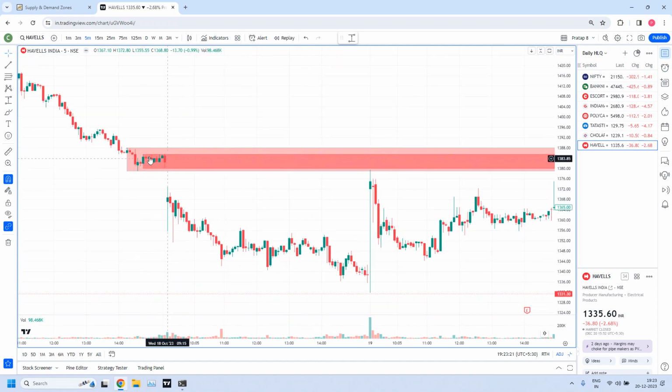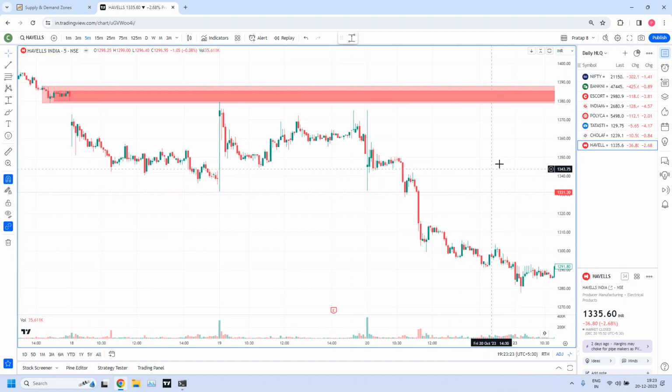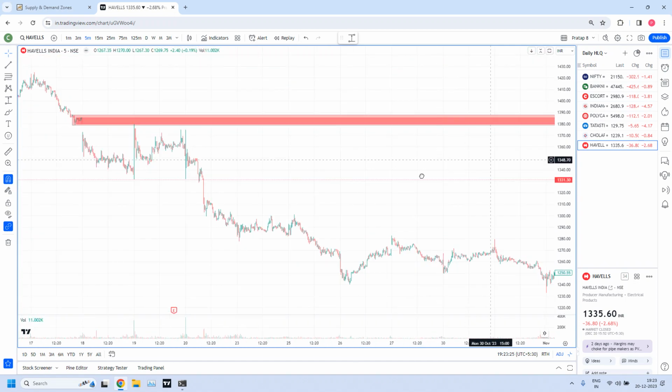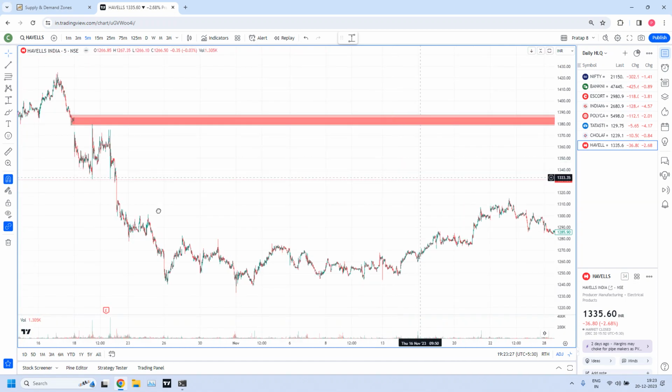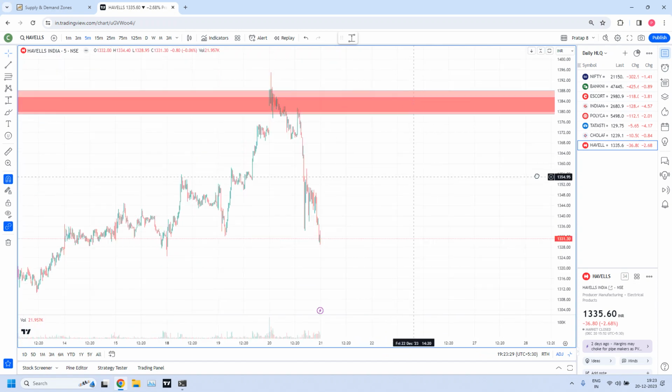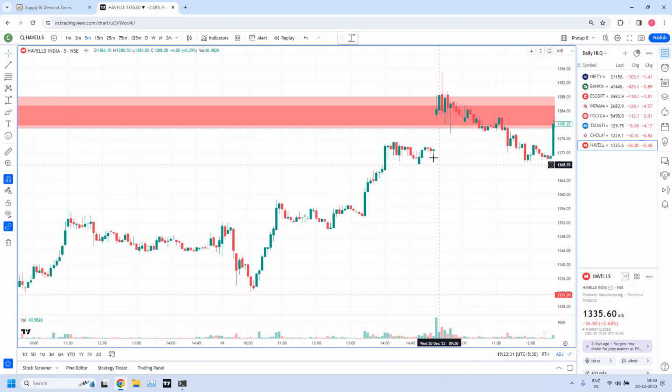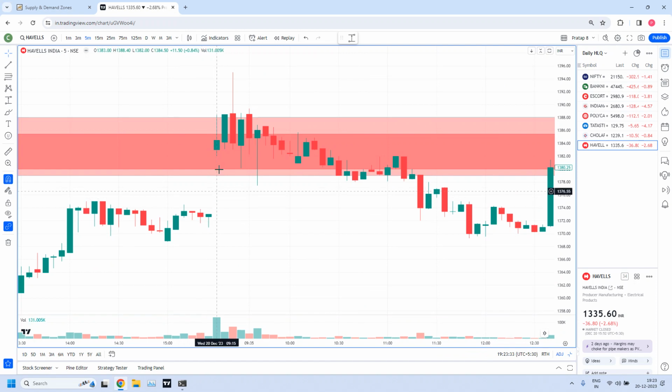Because all these base candles are there, we know. See how easily the zone is broken today. The first candle, the morning 9:15 candle itself, simply took off this entire zone.